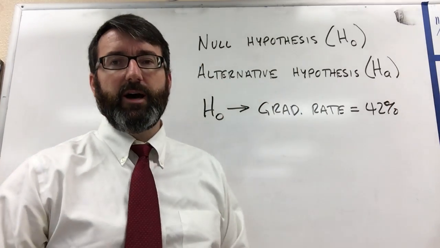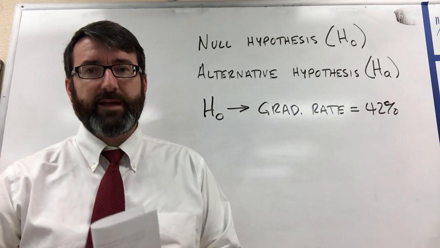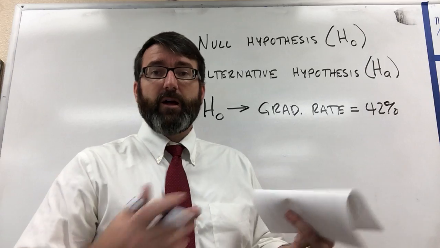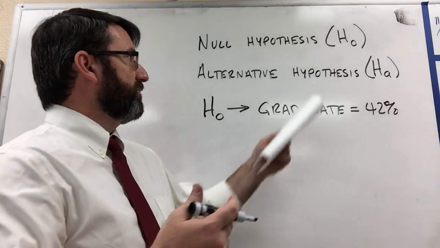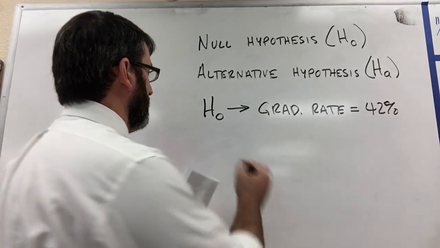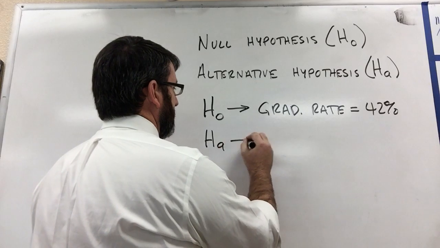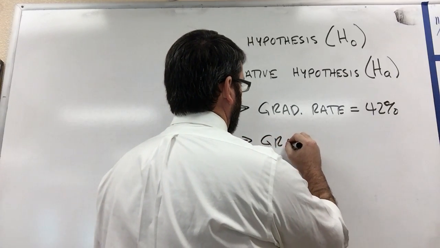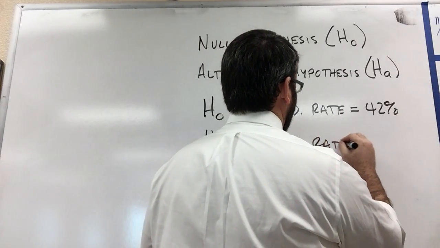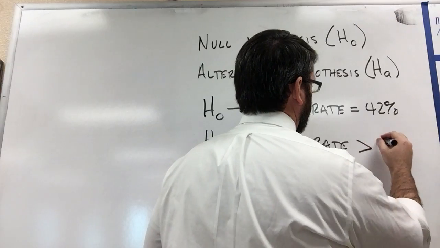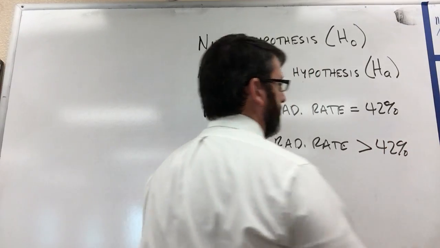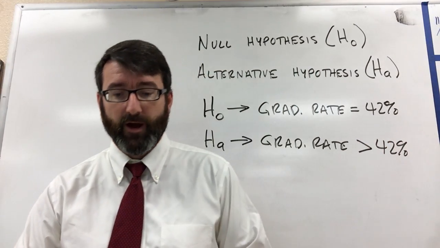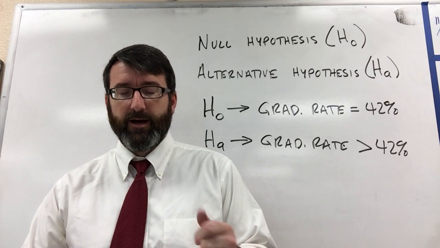The graduation rate is just the same as the state average. That's our null hypothesis. The alternative hypothesis, which is what the college president is proposing, is that the graduation rate is higher than 42%.